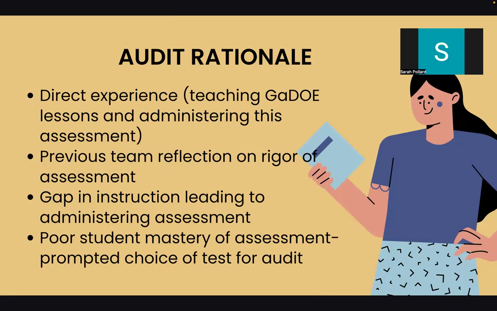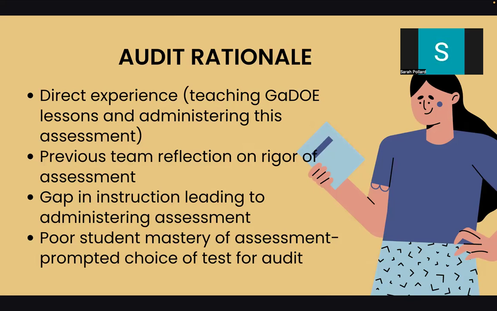So I sat together with my team and we looked through it, and we had to discuss whether the rigor of these questions was higher than our students could handle. We also discussed if we were effectively preparing students to work through multi-step and higher cognitive demand questions throughout the unit in order to prepare them for this unit assessment we gave.